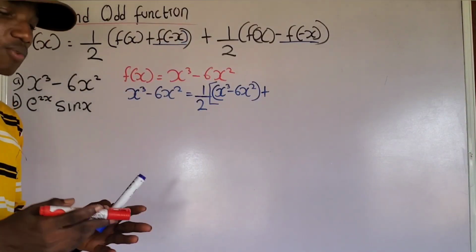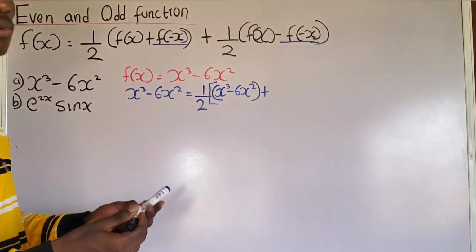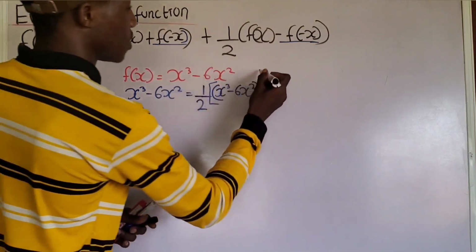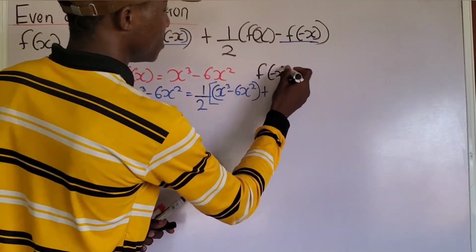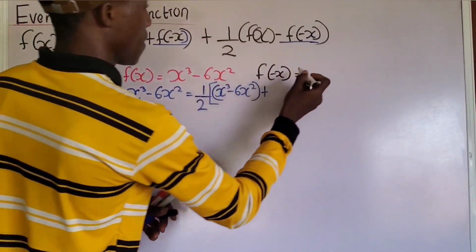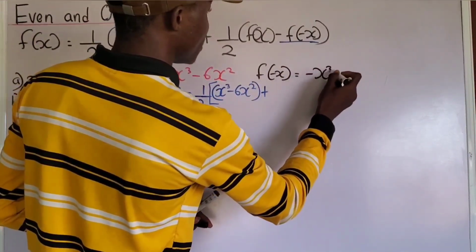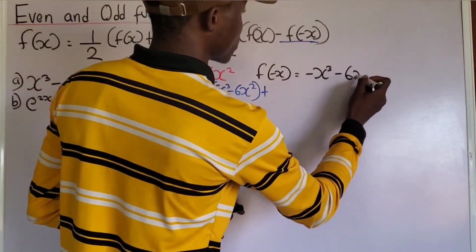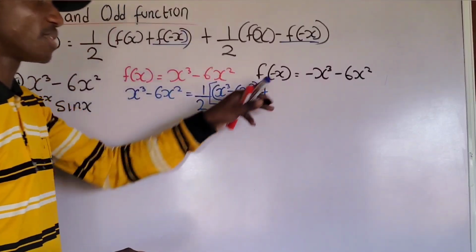Now, from our previous class, we will discover that if you want to get f of negative x, we are going to have f of negative x will be minus x to the power of 3, is that not it? Then minus 6x squared. That is the f of negative x.